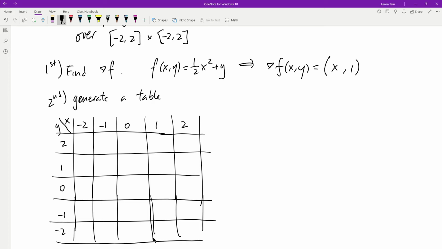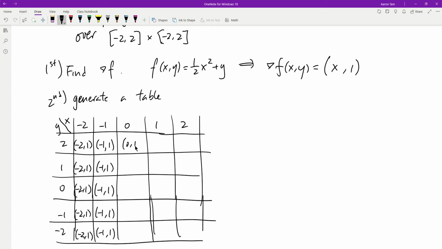So this should be pretty easy. This is just -2, 1. And as a matter of fact, all of these are -2, 1, because our gradient vector is not changed by the y value. And then these are just -1, 1. Oh, well, you know what? I'm just going to write it out. All right, there you go.